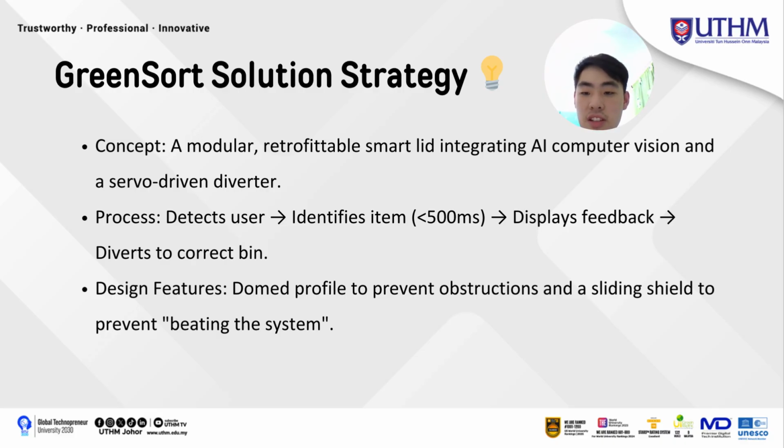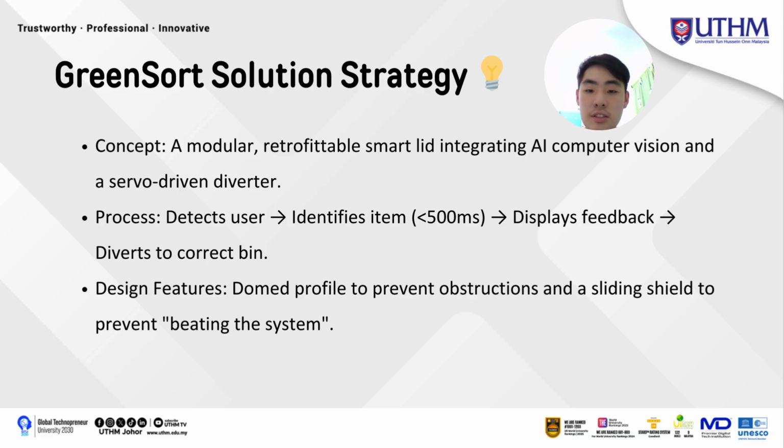The process of using it is, when a user approaches the bin, the distance sensor will wake the system, and the user needs to present the waste item in front of the camera. The camera will identify the item in about 500 milliseconds, and then it will display feedback to the user.